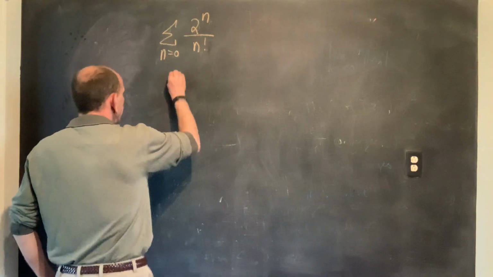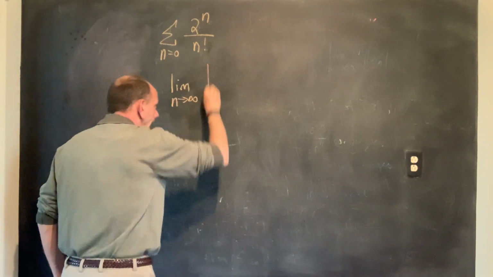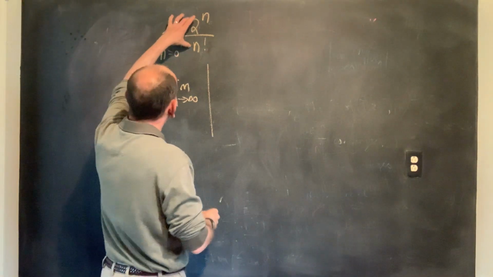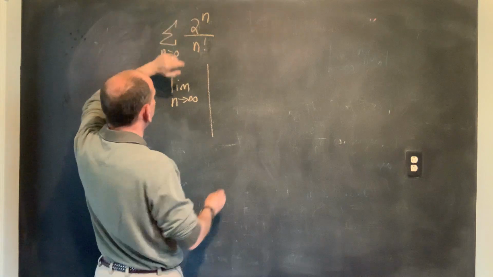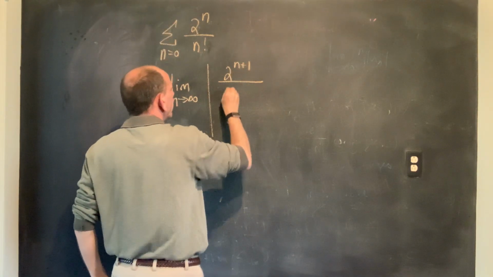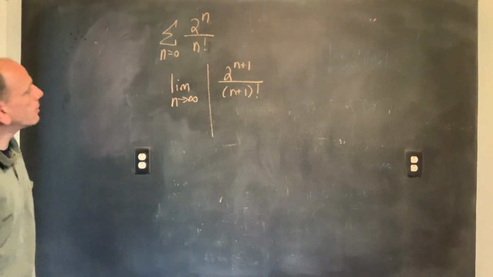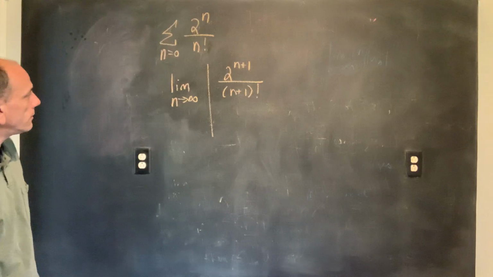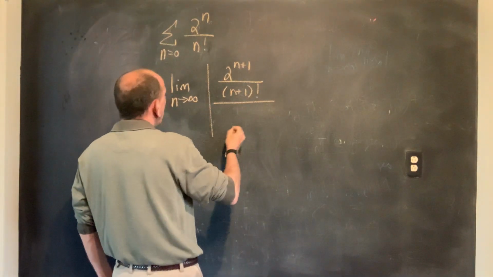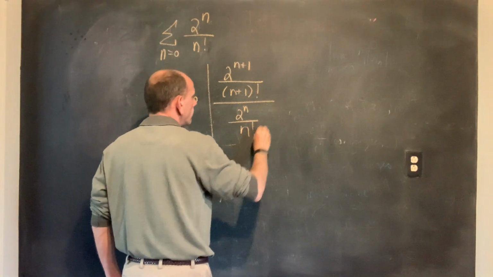So I'm looking at the limit as n goes to infinity of the absolute value. Now I need the n plus 1th term, so I'm going to plug in n plus 1 wherever n shows up. I've got 2 to the n plus 1 over n plus 1 factorial, that's a sub n plus 1, over just the nth term, 2 to the n over n factorial.